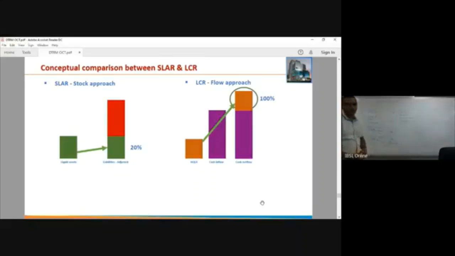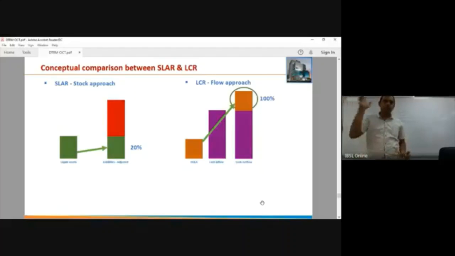So you need to check your balance sheet and take all your inflows. Again, deposits could be an FD, a savings deposit, or a current deposit. If it's an FD, there's a haircut, and savings deposits are treated separately. Loan repayment, you can take only the repayments that will come to your bank within the next 30 days.